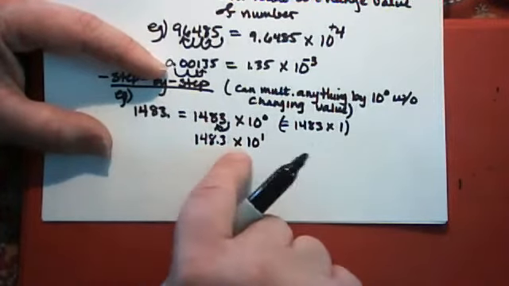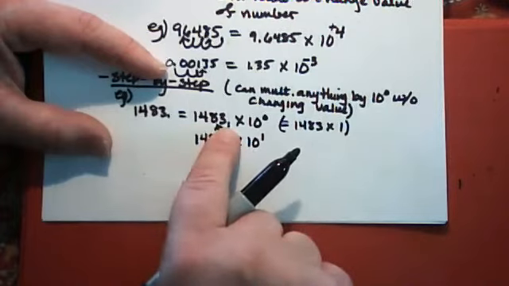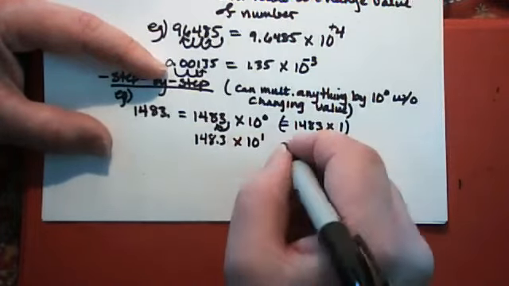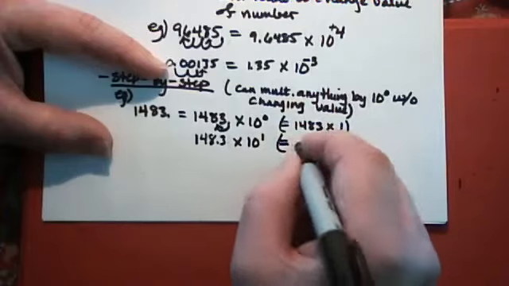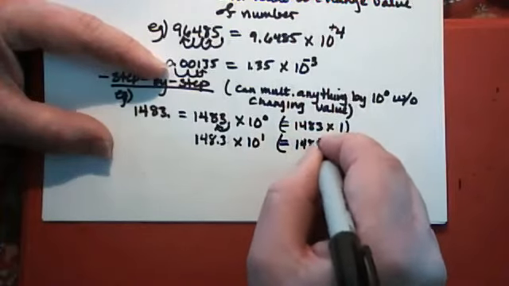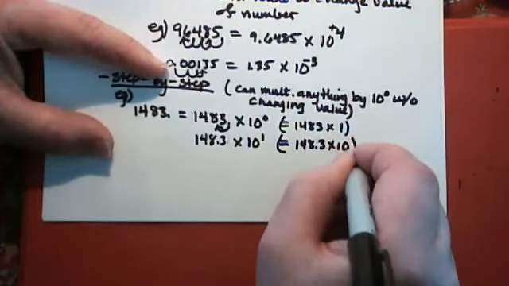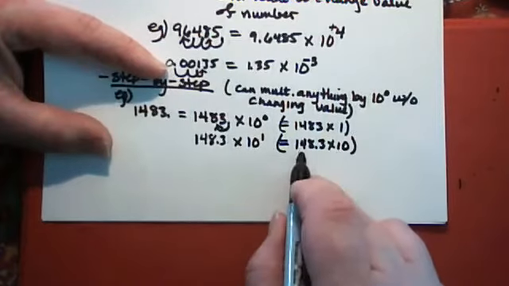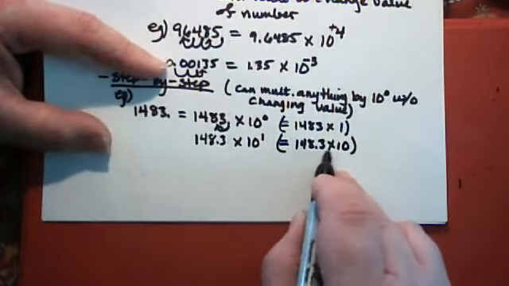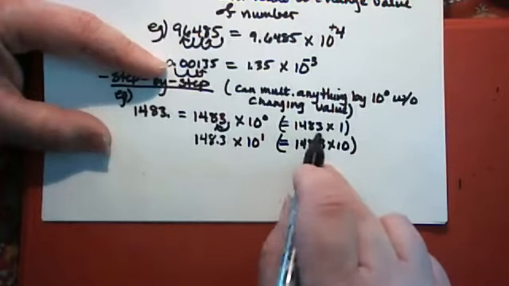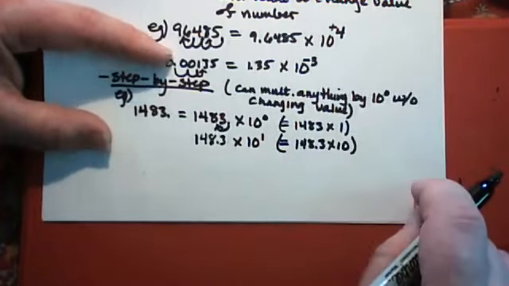So 148.3 times 10 to the 1 is the same as 1483 times 10 to the 0. And remember, 10 to the 1 power is 10. So what we're saying is 148.3 times 10 is the same as 1483 times 1, which is true.